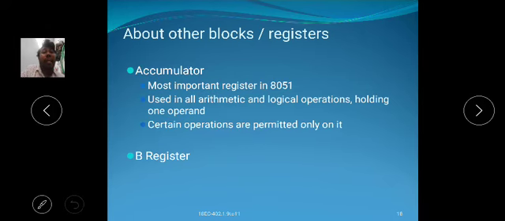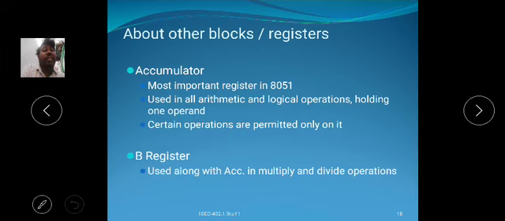Certain operations are permitted only on it. That means one of the most important registers is the accumulator register, used in all arithmetical and logical operations holding one operand.